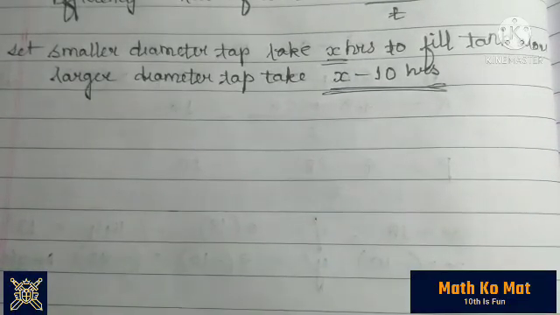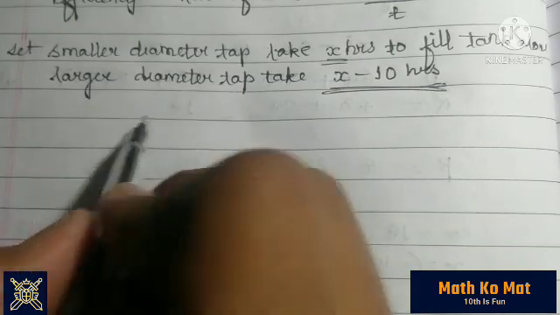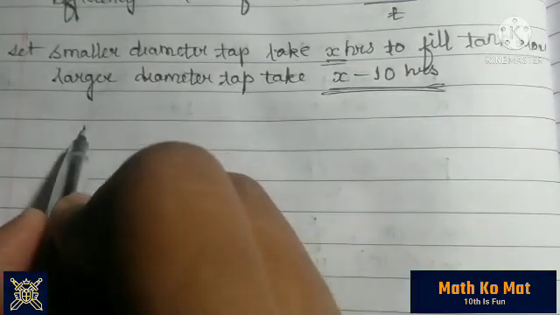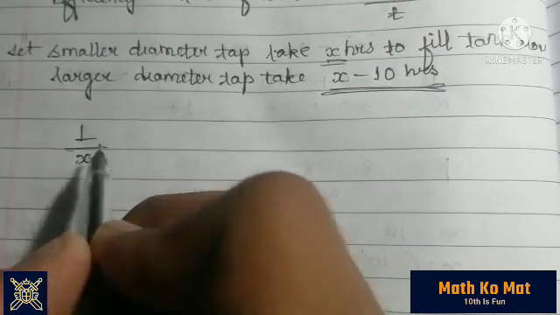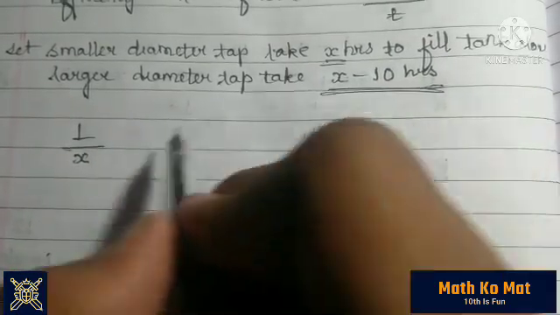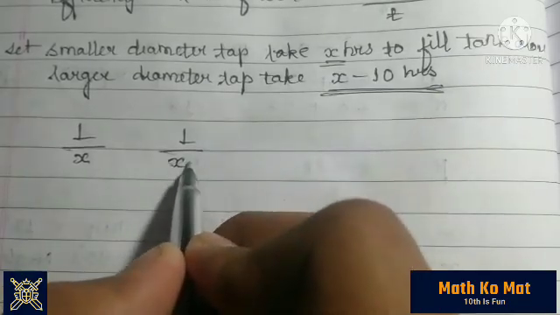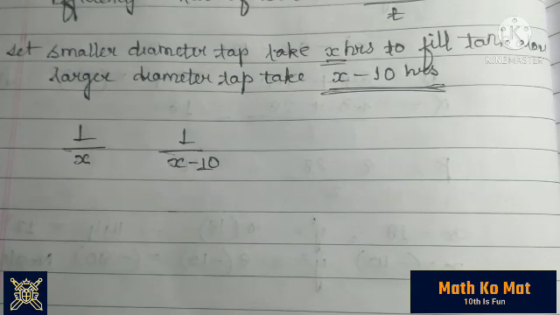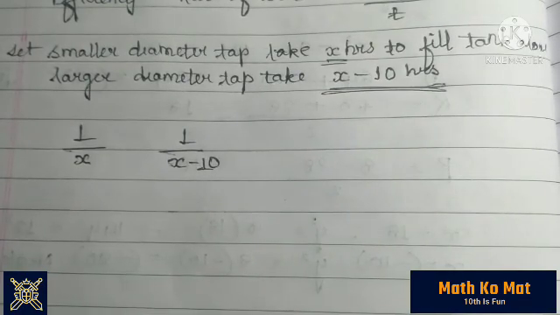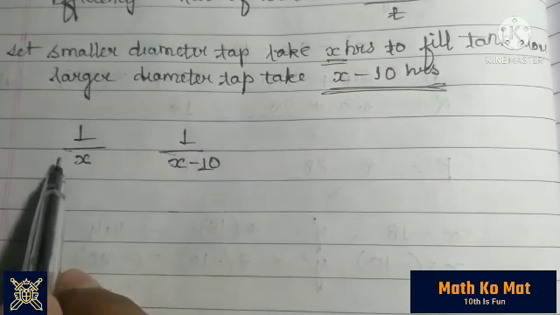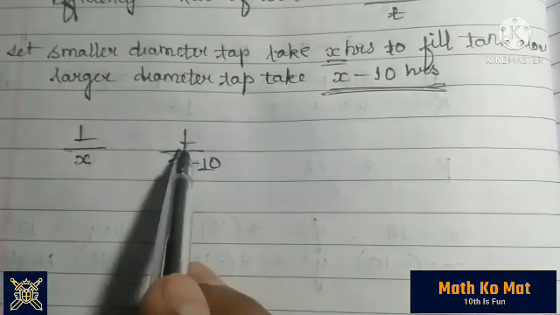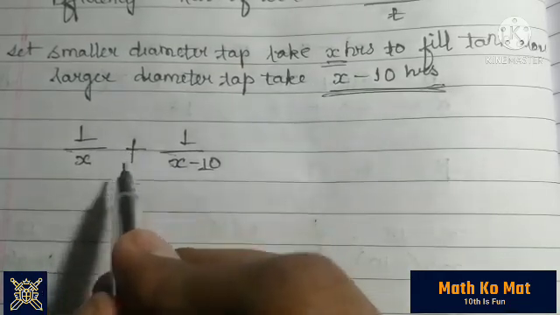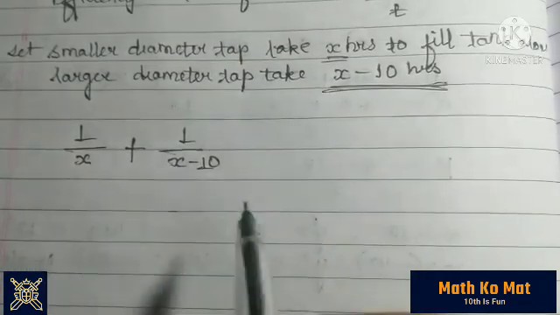Now comes our concept of efficiency. What is the efficiency of the smaller tap? It is 1 by x. What is the efficiency of the larger tap? 1 upon x minus 10. And this is very basic common sense: the larger the diameter of the tap, the more water will flow and the earlier it would fill the tank. Both taps contribute to fill the tank in the given time, 3 by 8 hours.